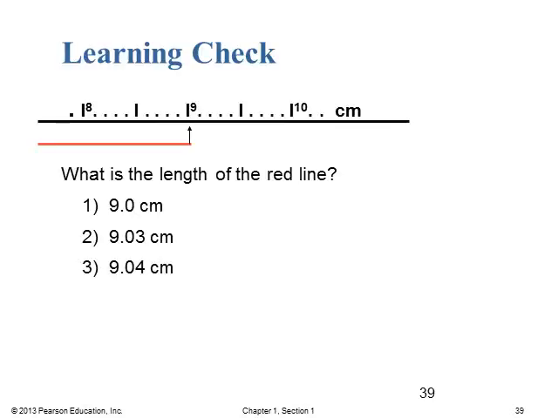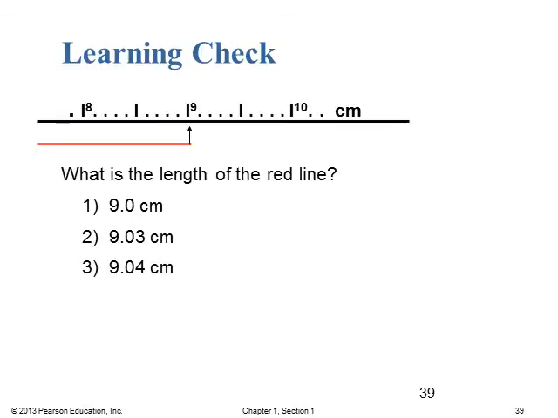So we can eliminate choice 1, because we can estimate that second digit past the decimal. We're a little bit past the 9 centimeter mark, so we can report this number as approximately 9.03 or 9.04 centimeters.